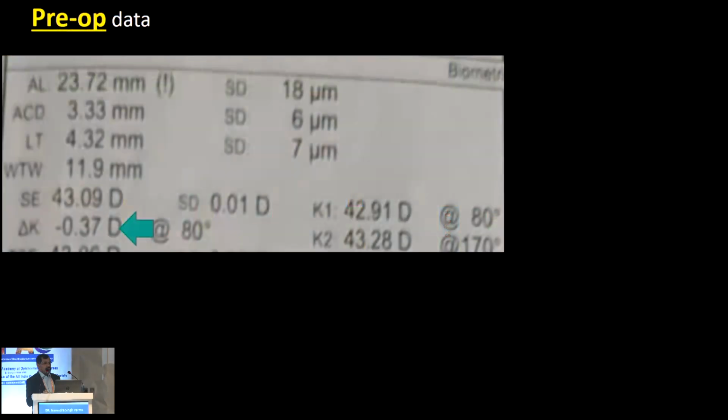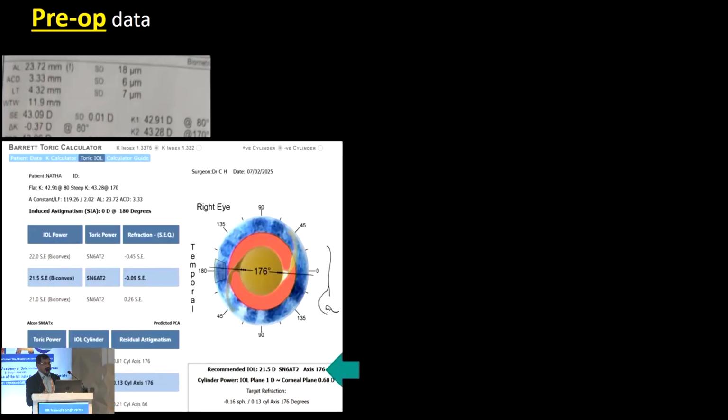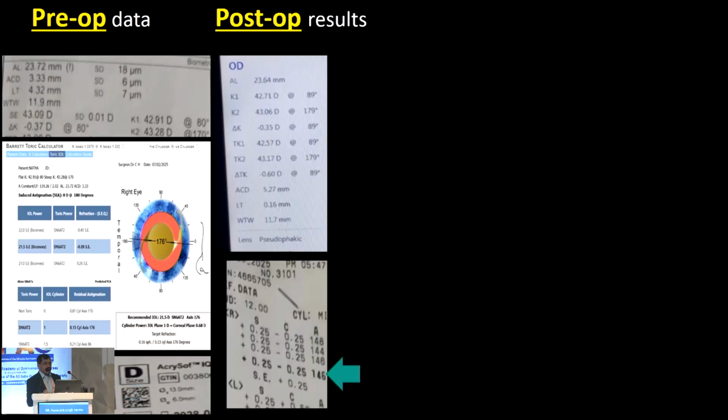Here is an example. This is a case of against the rule astigmatism plus 0.37 diopter at 170 degrees. The recommended toric IOL was plus 21 diopter T2 at 176 degrees. Plus 22 diopter T3 IOL was implanted at 176 degrees. Postoperative refraction was plus 0.25 diopter at 56 degrees.